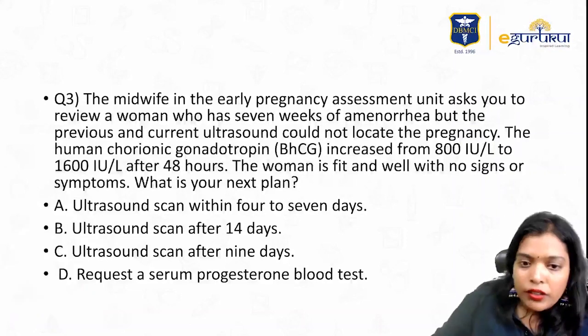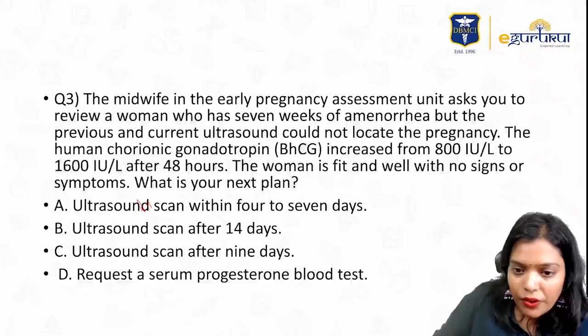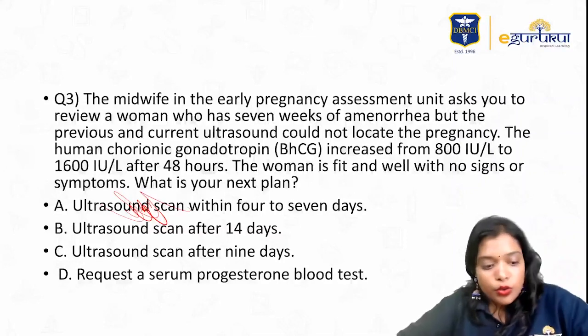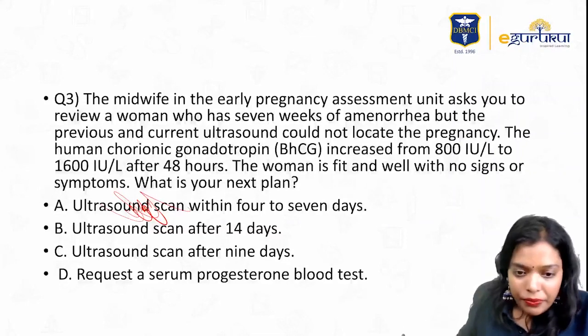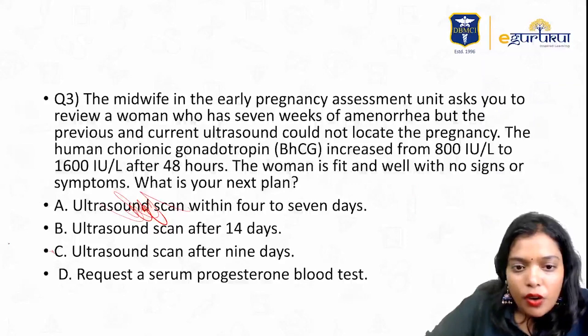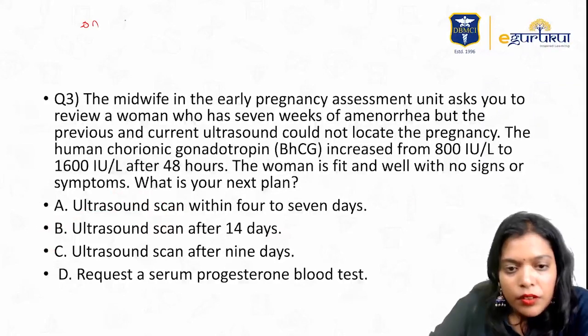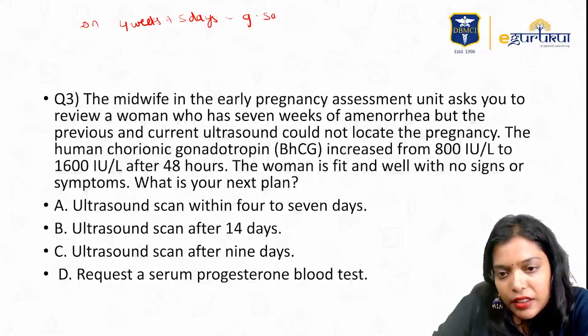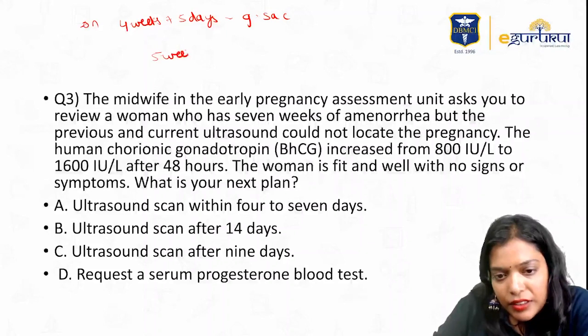So the woman is actually 7 weeks of amenorrhea. Ideally, when a woman is 7 weeks of amenorrhea, you should be seeing the gestational sac, right? Because on ultrasound, by 4 weeks plus 5 days, you will normally see the gestational sac. By 5 weeks, you will see the yolk sac.